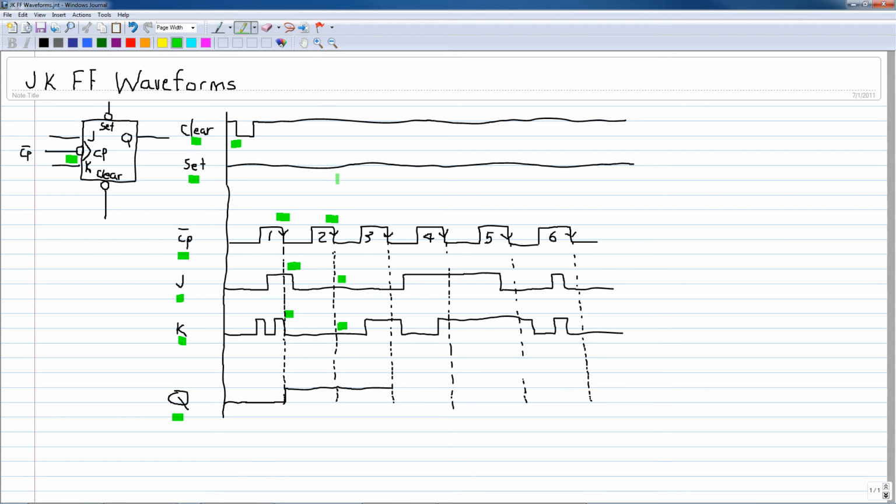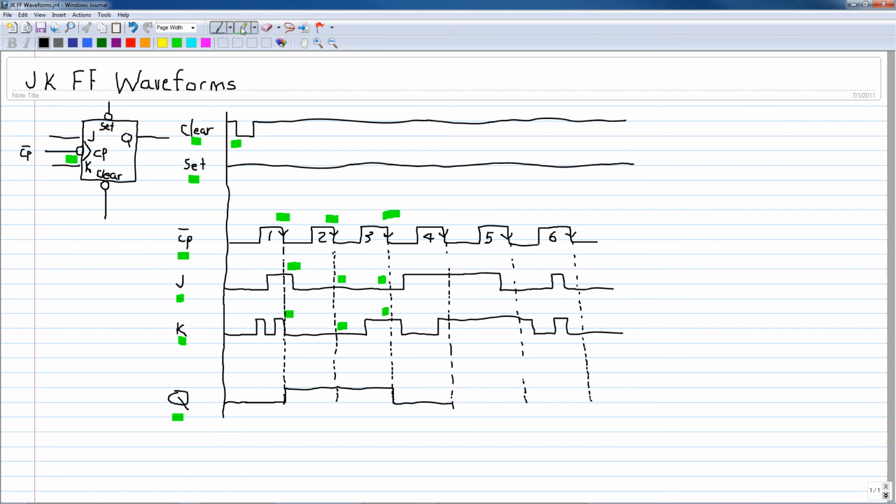That occurs here. And going down we see that J is equal to 0, but K is equal to a 1. So that means that the flip-flop will be cleared. So it goes from a 1 to a 0 and then remains so until the next transition.